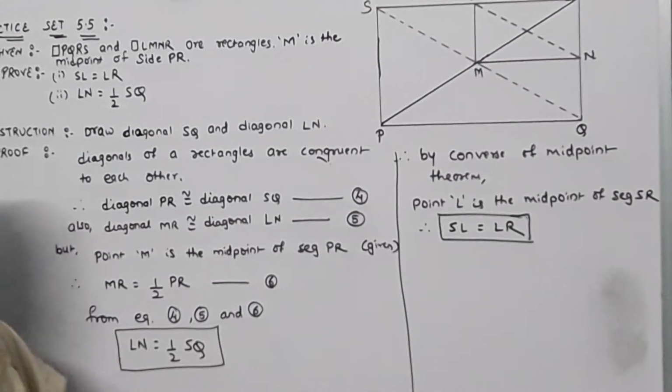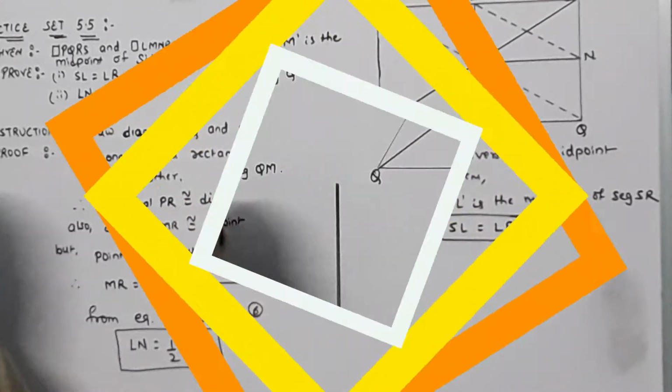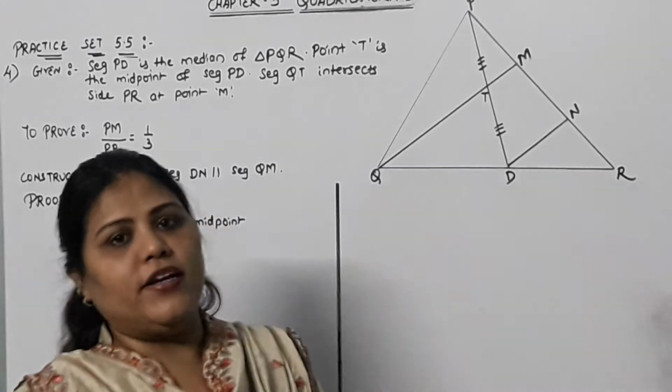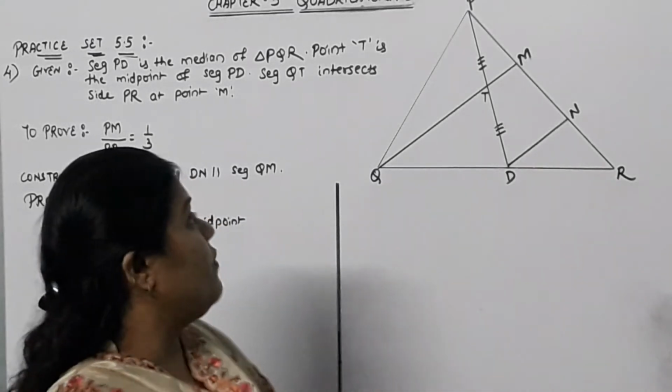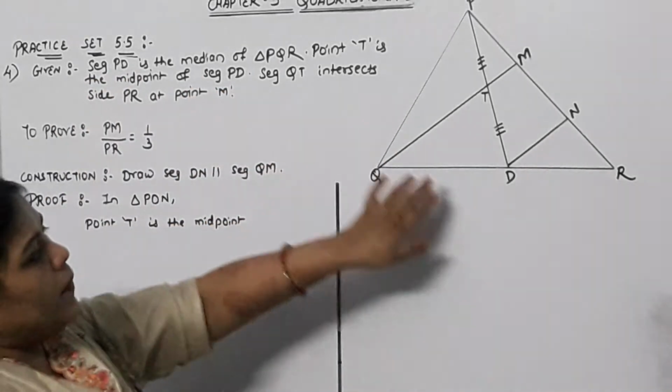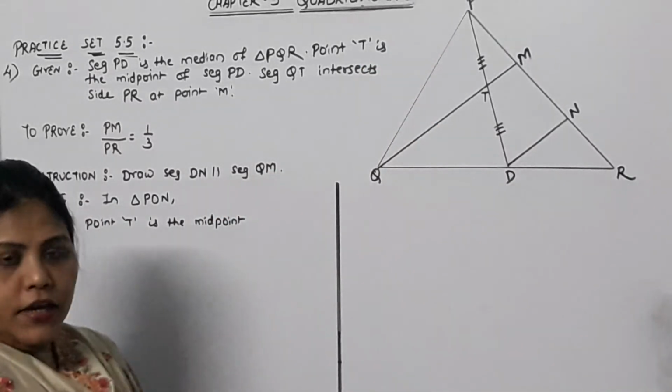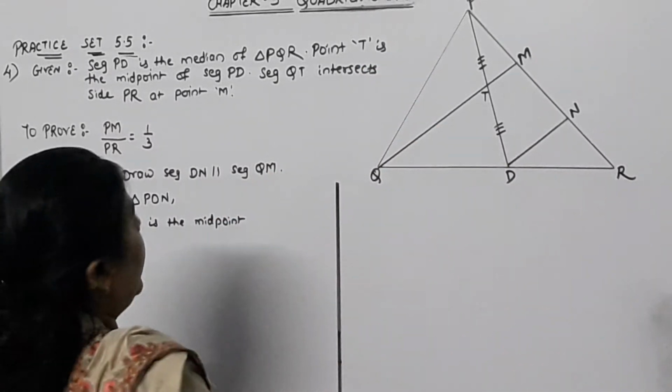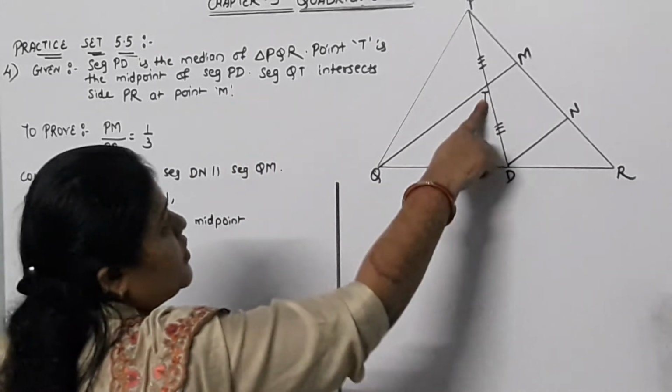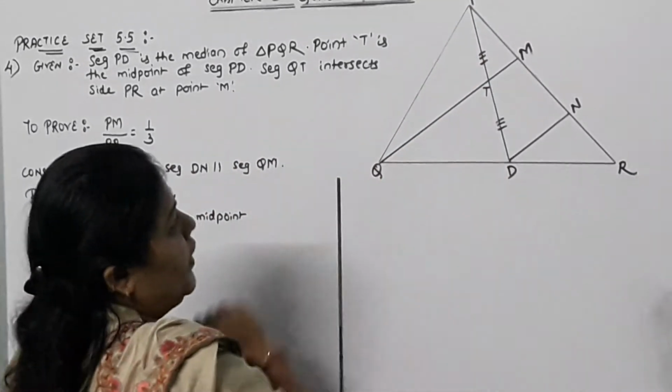Note it down, then we will see the next sum. See the fourth sum of practice set 5.5. What is given to us? In triangle PQR, PD is the median of triangle PQR, right? And T is the midpoint of PD.